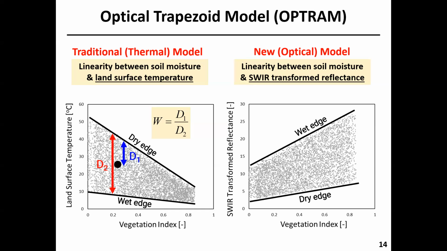So in this trapezoidal domain, if we fit lines to the edges of the trapezoid, the upper edge would be the wet edge, because the higher the soil moisture, the higher the transform reflectance. And the bottom edge would be the dry edge. And similarly, the soil wetness will be estimated as the distance D1 over distance D2 at each given vegetation index level.